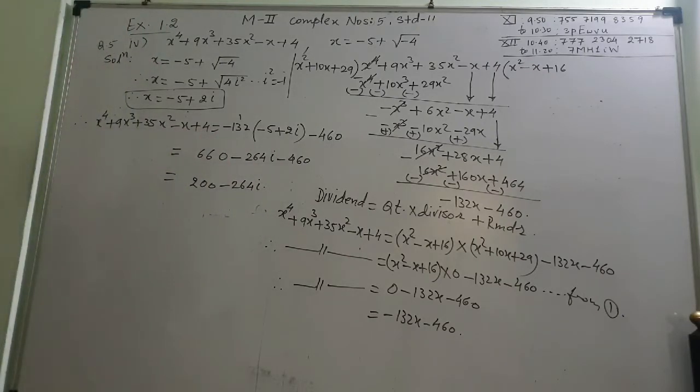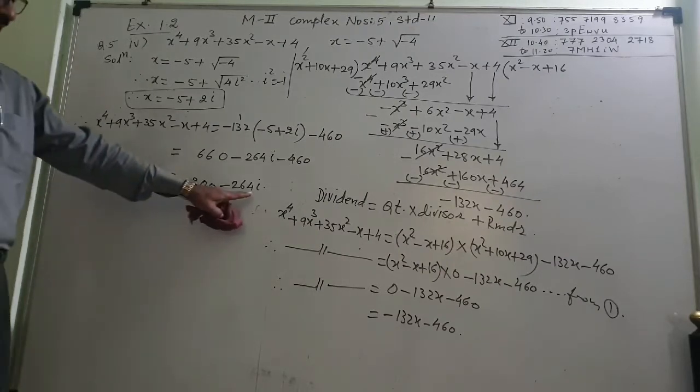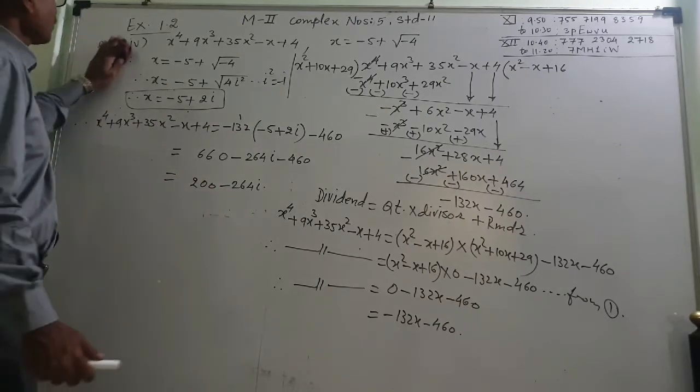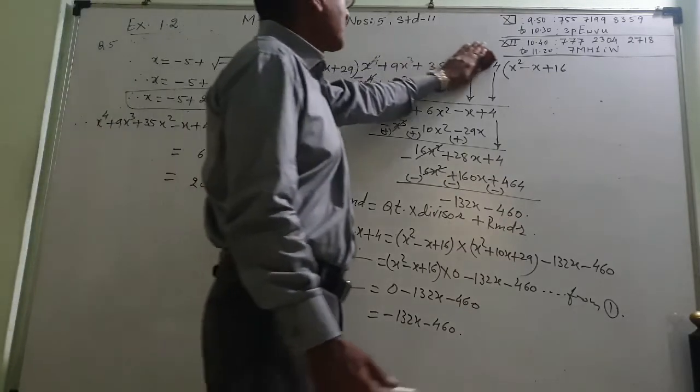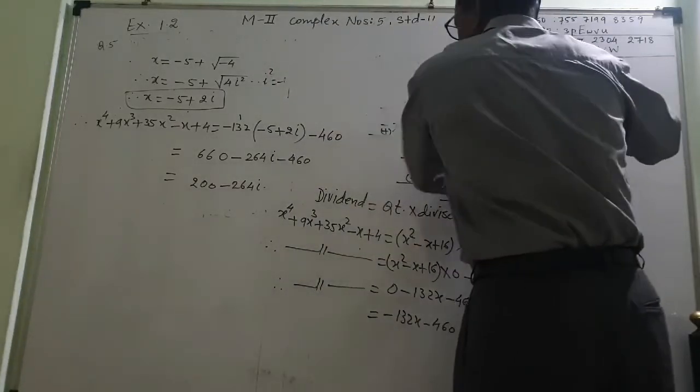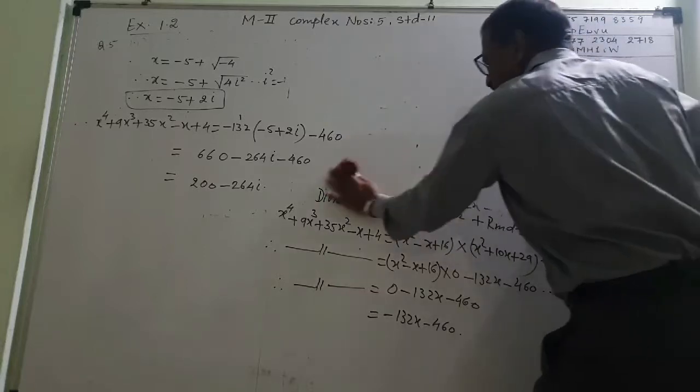So the answer has come in non-real numbers, the imaginary numbers. So need not worry what the answer is. Only your solution should be correct. Hope that you have understood this sum now.